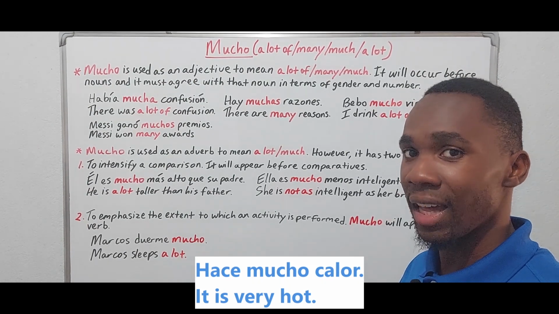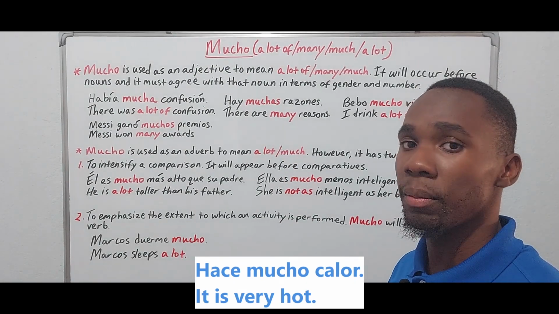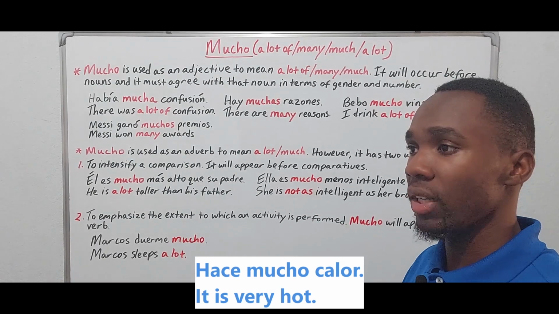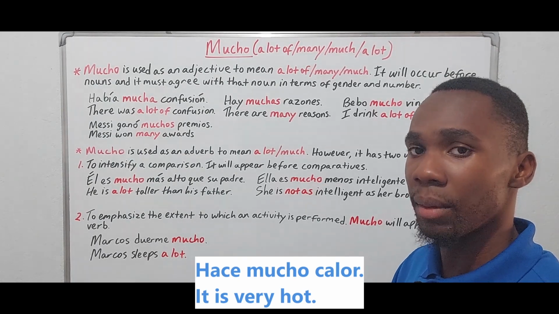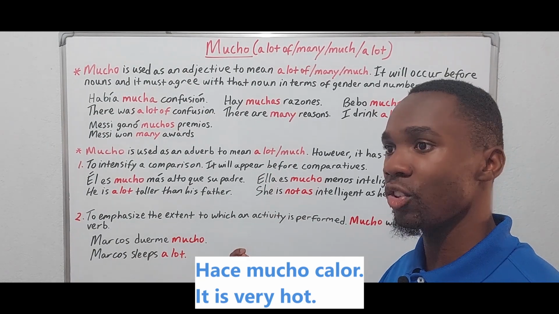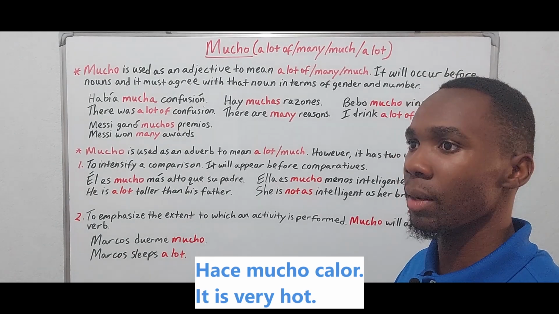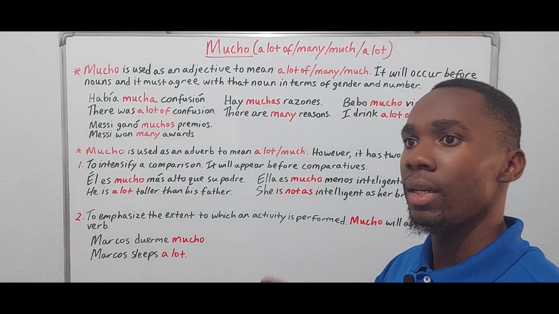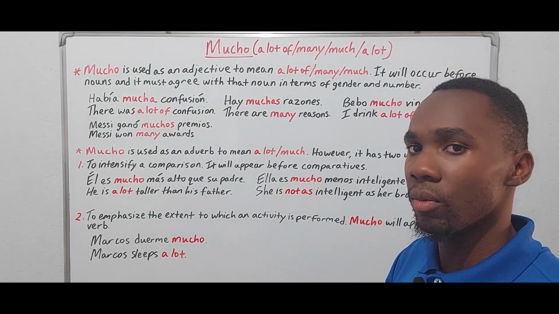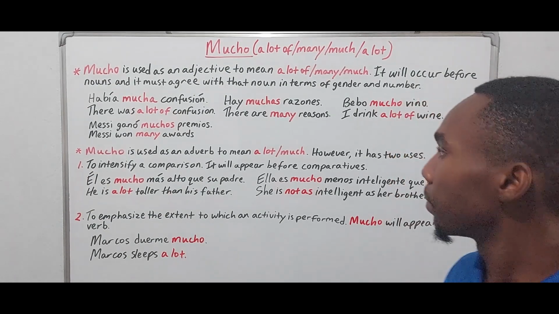We use muy with adjectives or adverbs. So mucho has to be used there because calor is a noun. And you see that calor is singular and masculine, so it will be mucho, even though the translation is it is very hot. That's just another example of how, when you use mucho as an adjective, it has to appear before that noun, and it has to agree with that noun in terms of gender and number.